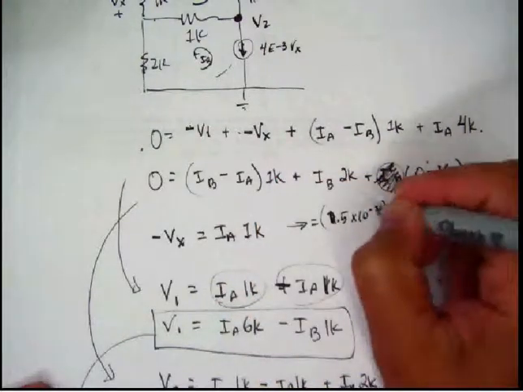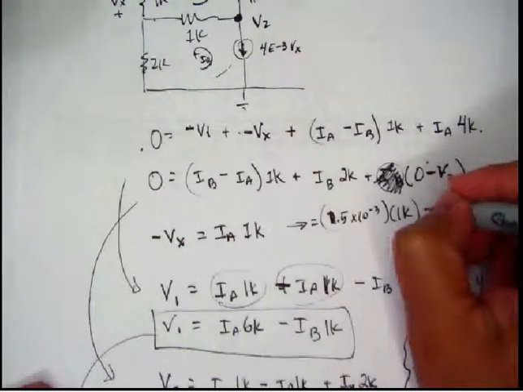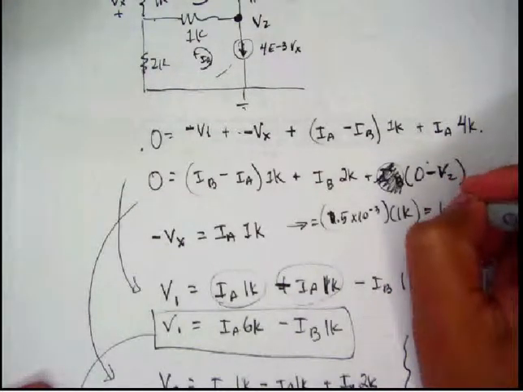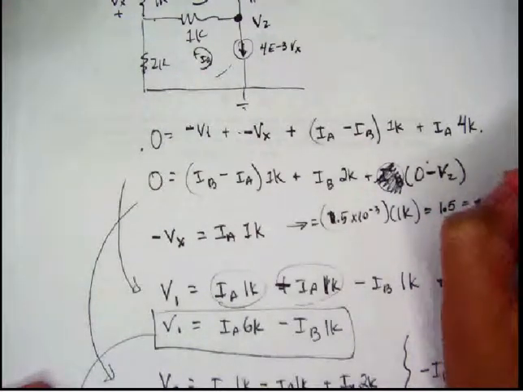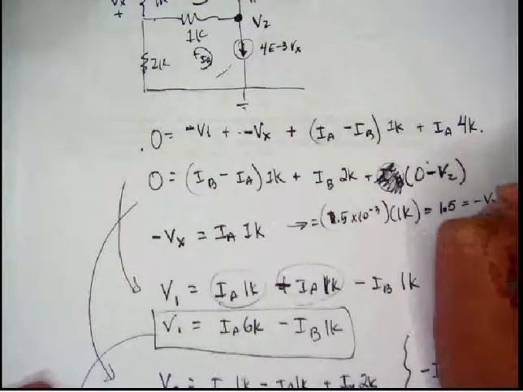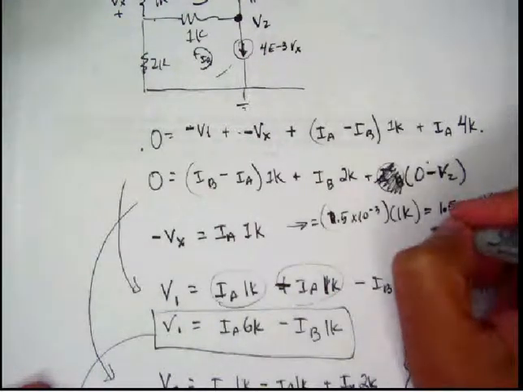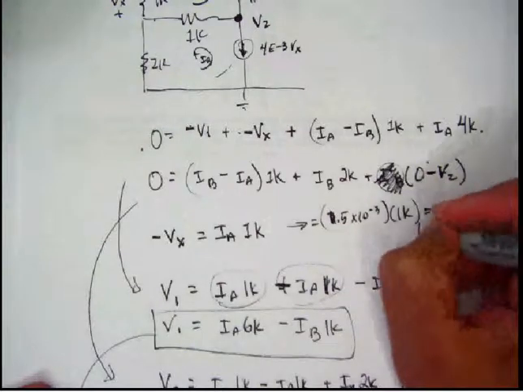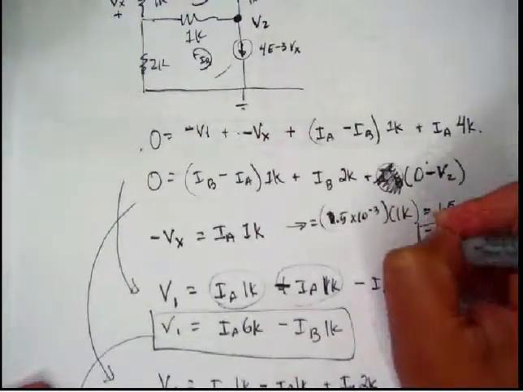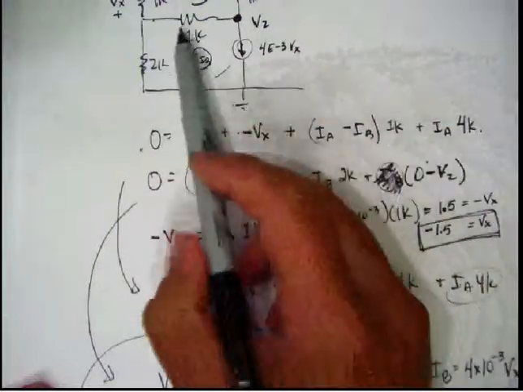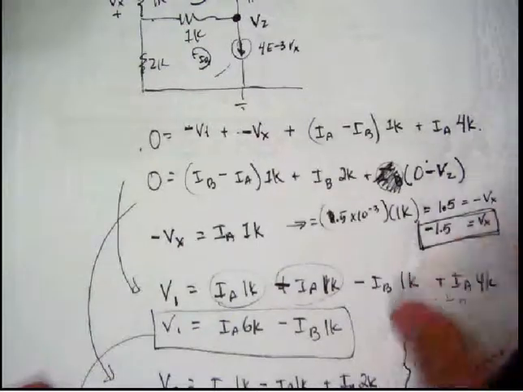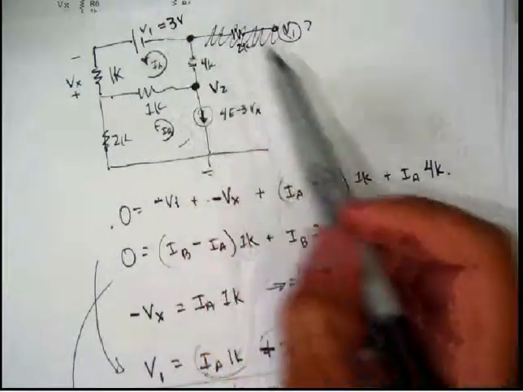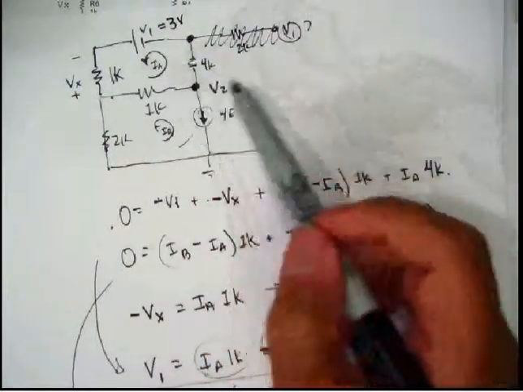The K, 10 to the 3, cancels the 10 to the minus 3, and so we're left with 1.5, which would be volts, is equal to negative Vx. So Vx is actually equal to negative 1.5 volts. And that's due to the contribution just of this active source. So let's stop there, and then we'll turn this source off, we'll turn on the current source that we removed, and we'll do it again.